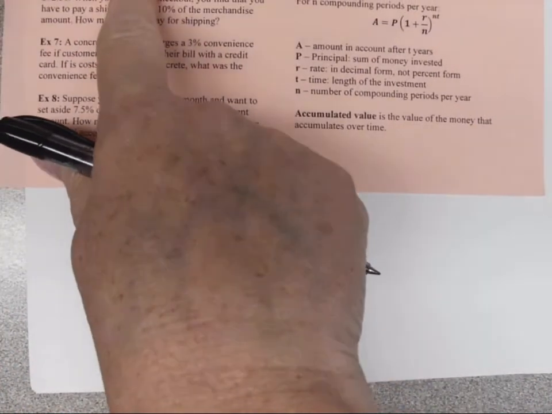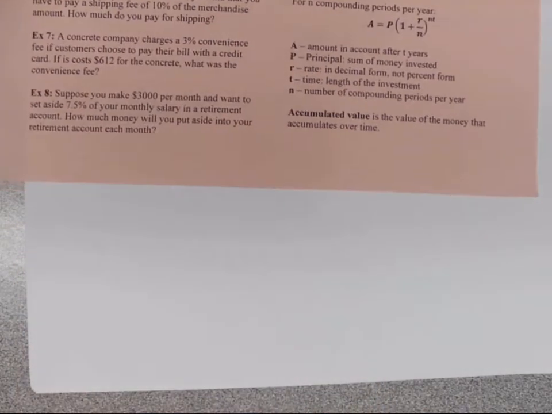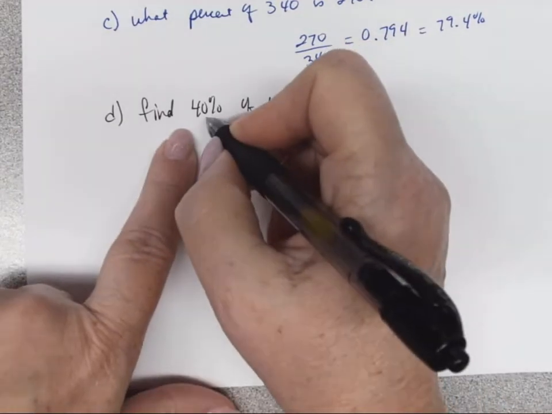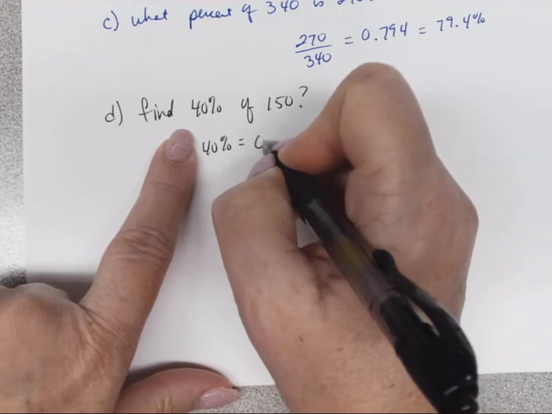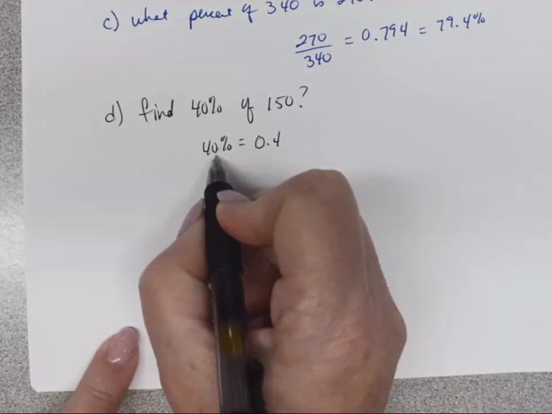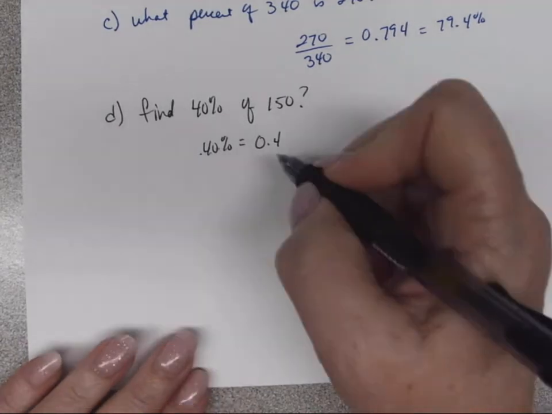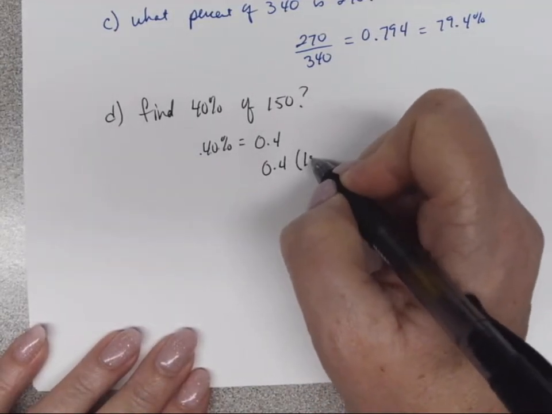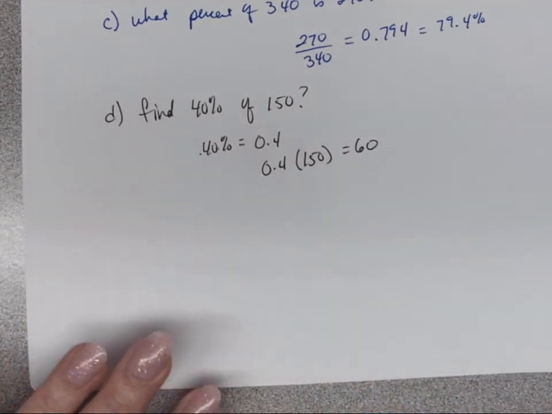We're going to write the percentage as a decimal and then multiply by the given amount. So we're computing the percentage of a given amount. So we want to change this, so 40% equals 0.4, because we move that decimal place over 2 places and wrote the percentage. So now we can take 0.4 and multiply it by the 150, and that will get us 60.